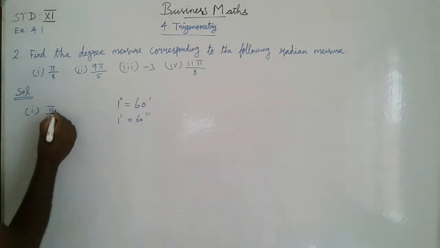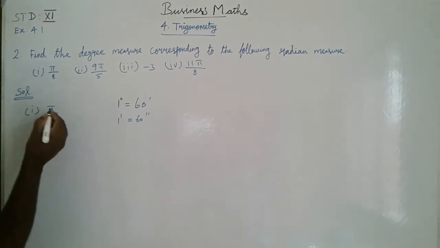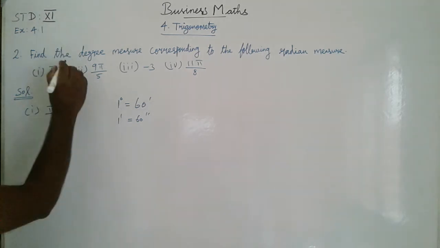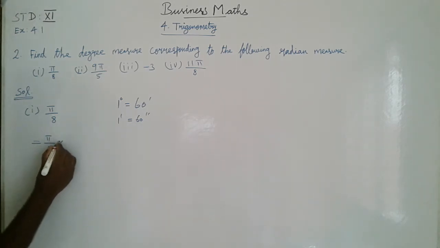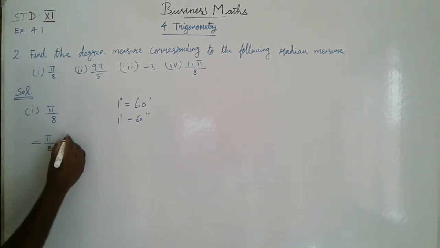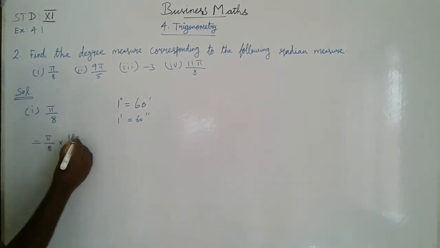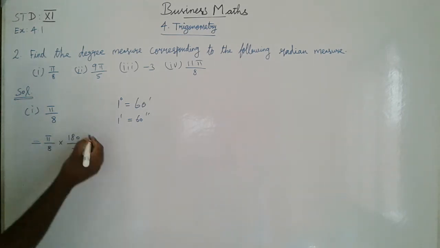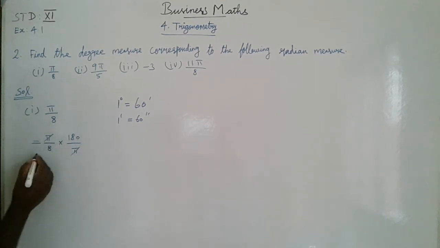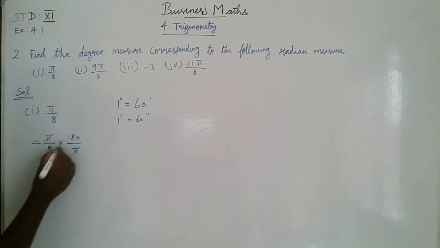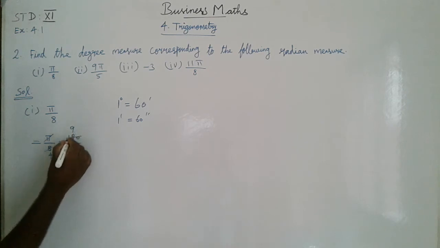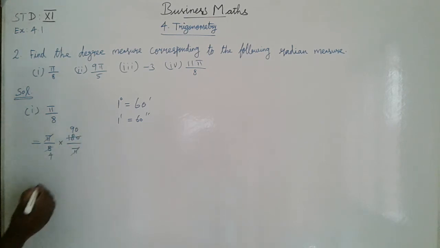So pi divided by 8 radian measure is given, we should change it to degree. So pi divided by 8 into 180 divided by pi, multiply, then we get it in degree. Pi cancels. 8 and 180 we cancel 4 times: 4 twos are 8, 9 twos are 18, so 90.